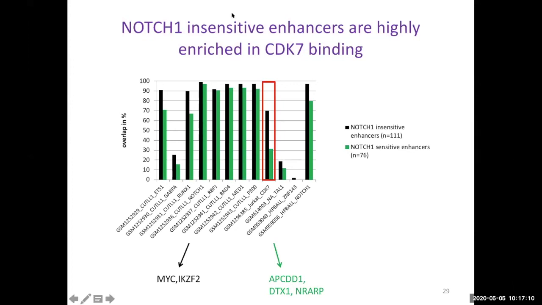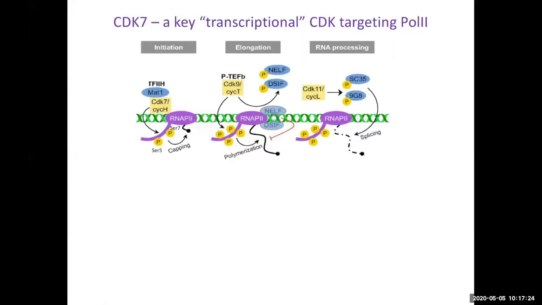So what is CDK7? This is something we've seen in multiple loci, and I'm just going to show you a couple of examples today: APC, CDD1, MYC, Ikaros, and Deltex. CDK7 is a cyclin-dependent kinase, but it's a transcriptional one.